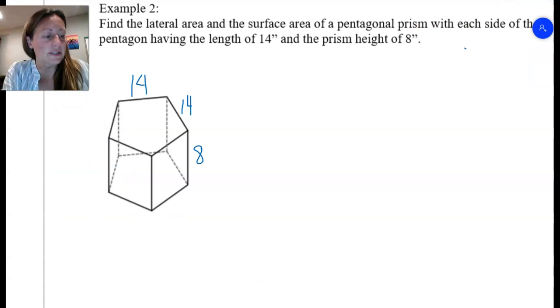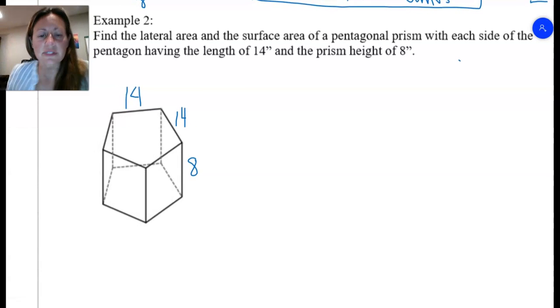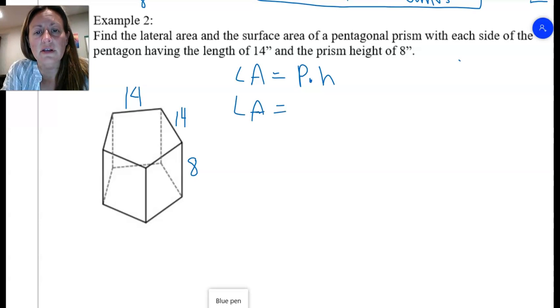Okay, so we're going to go back to starting with the formula. The formula for the lateral area of any prism, no matter what shape the base is, would be lateral area equals perimeter of the base times the height of the prism. That's actually going to be pretty simple in this case because the perimeter of the pentagon is just 5 times 14.